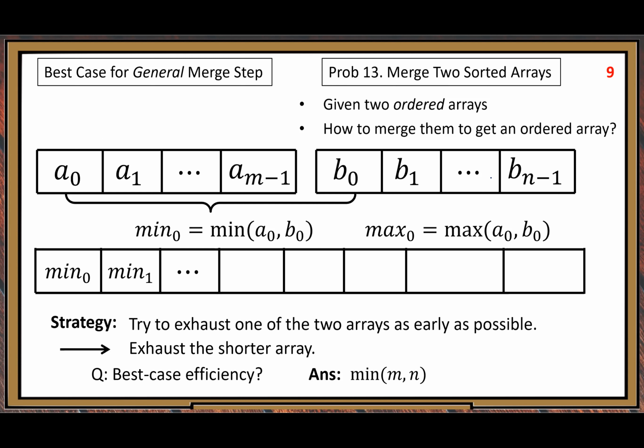Because for that special data, this way definitely you get the best solution. But in the general case, you may get poor performance, right? Think about it. If A n minus 1 is greater than B0, you may go backward, right? A n minus 2 next, and so on.